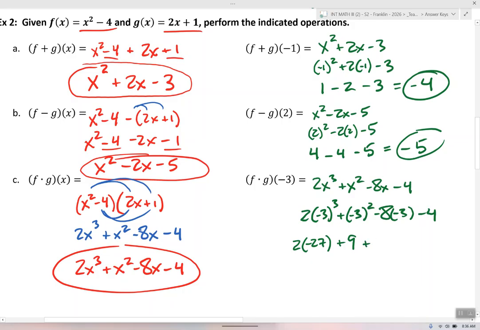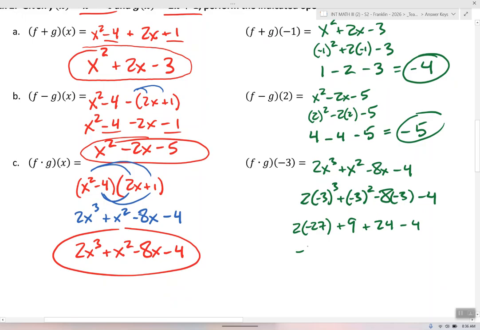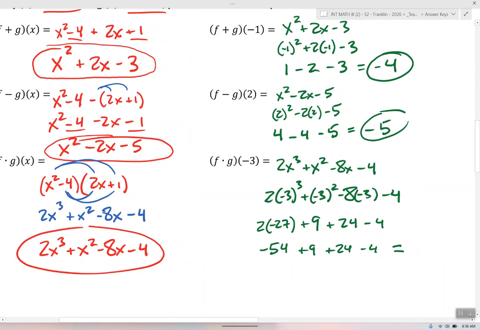Negative 8 times negative 3 is positive 24, and minus 4. So we've got negative 54 here, plus 9, plus 24, minus 4, which will equal negative 54 plus 9 is negative 45, plus 24 is negative 21, minus 4 is negative 25.